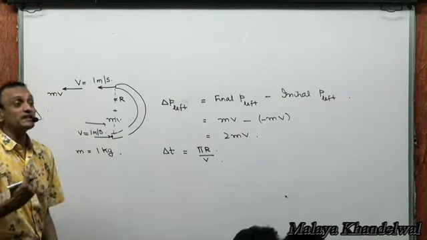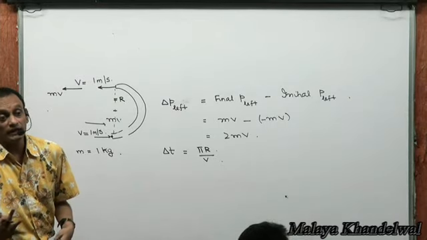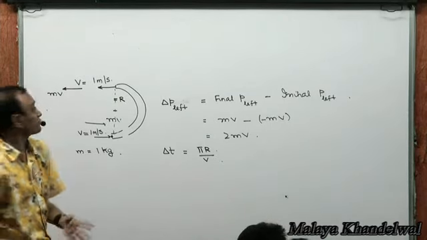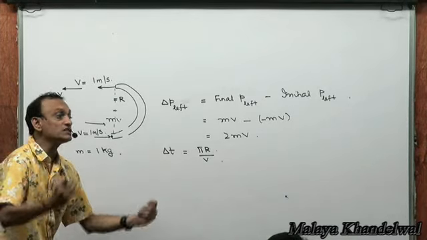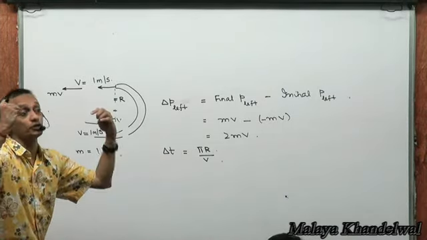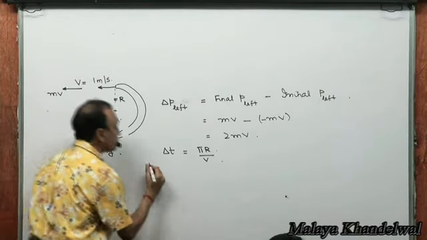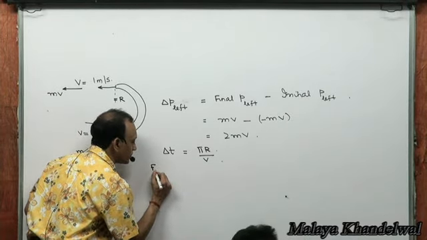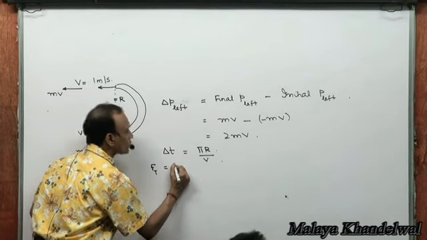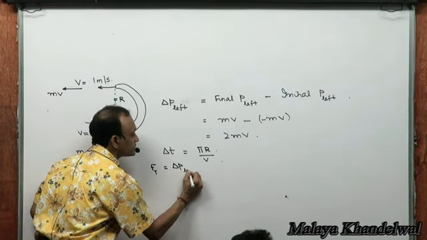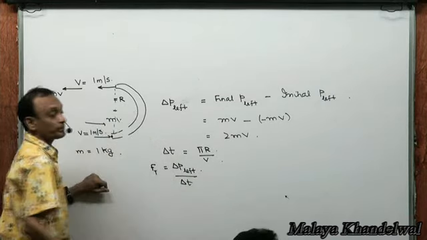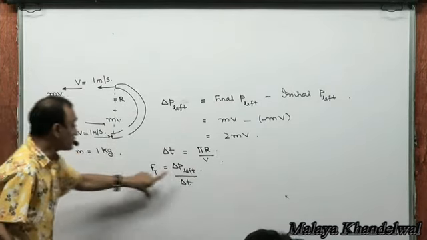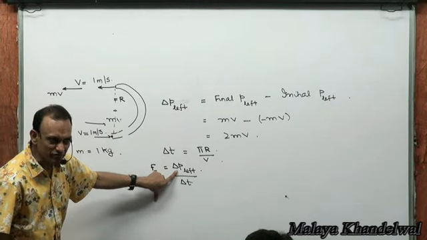So now if somebody says, what's the average force that the tube exerted on the particle? After all, this change in linear momentum was brought about by the tube. Then the average force that the tube exerted on the particle would be the total change in linear momentum, which is leftwards, divided by the time taken. And it will be towards the left because change in linear momentum is leftwards.